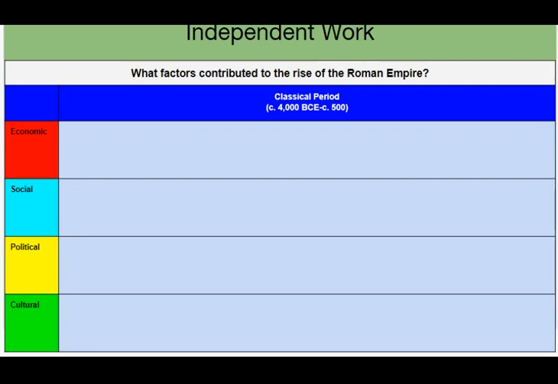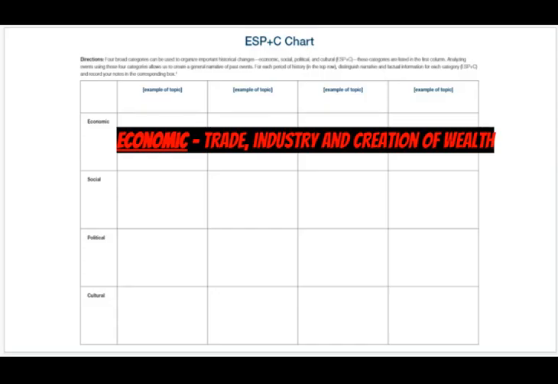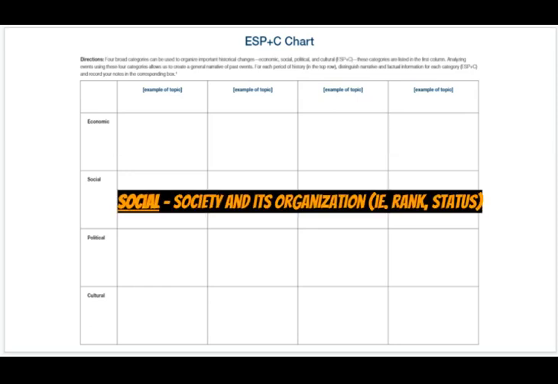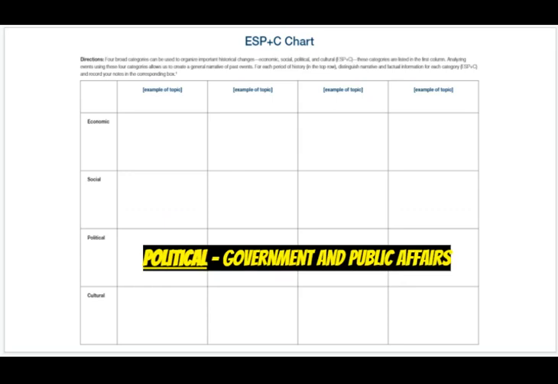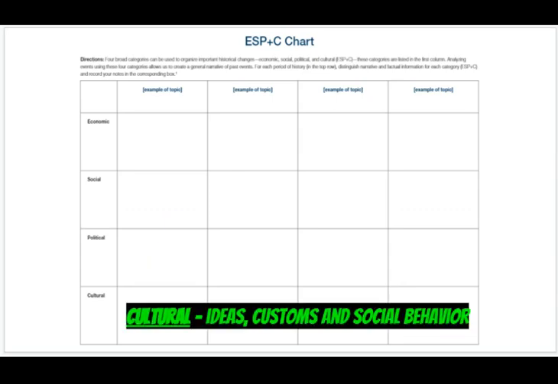And it will eventually lead to this. And you know what you're doing because you know how to color code. You know how to break things down and explain what is economic. Remember, trade, money. Social, how society is organized. Political, government, how things are run. And cultural, people's ideas, customs, and social behavior. You got this.